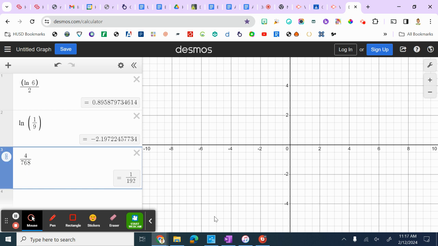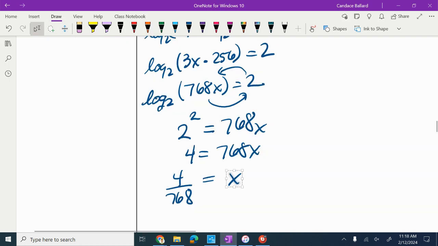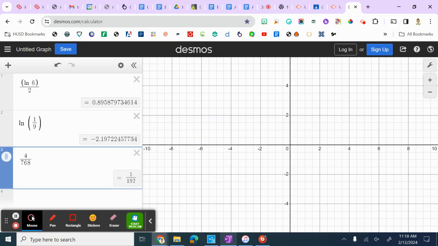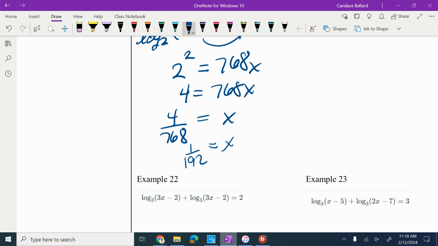Does that make sense? Sometimes it might be multiple choice and I didn't give you the decimal, you had the fractions. That's a nice quick way to do it rather than having to divide them all out. So x equals 1 over 192. Is that right? Yeah. Okay. Or the decimal is fine. Give me a minute, okay?